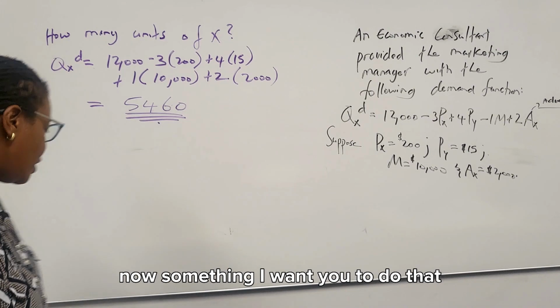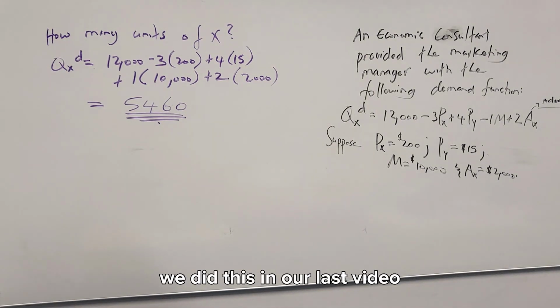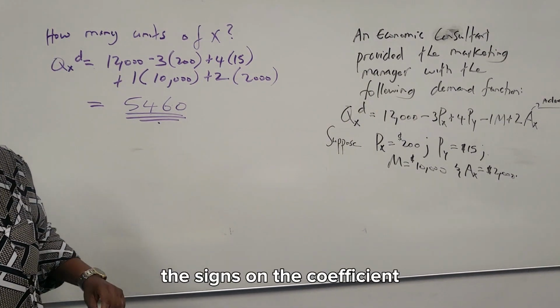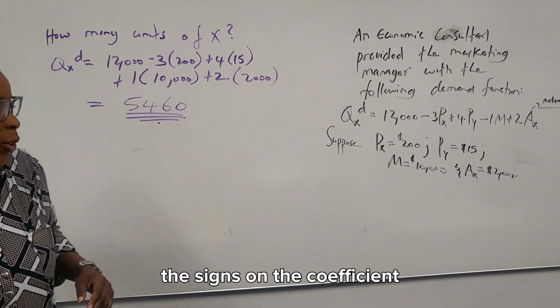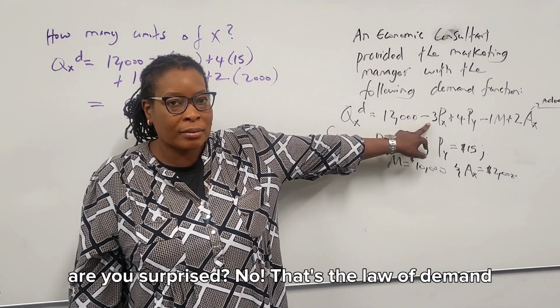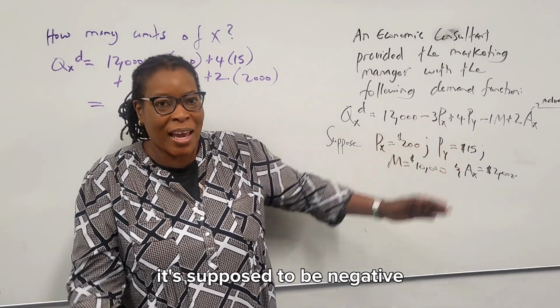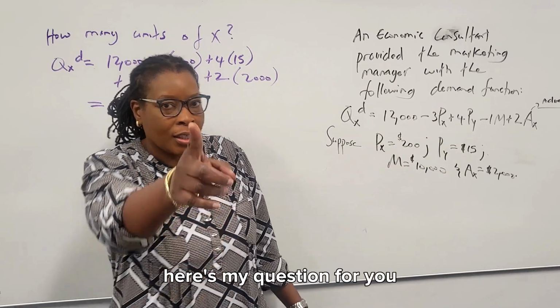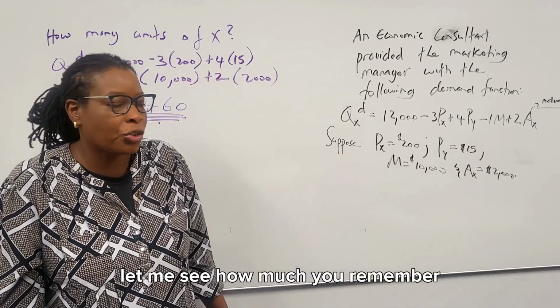Now something I want you to do, because we did this in our last video, the signs and the coefficients. Remember that? So, this is a negative sign. Are you surprised? No. That's the law of demand. It's supposed to be negative. Here's my question for you. Let me see how much you remember.